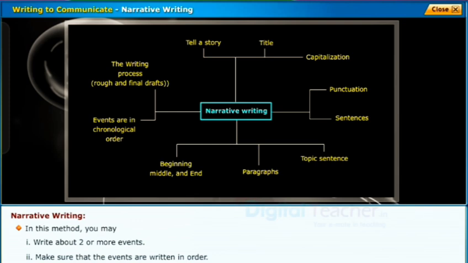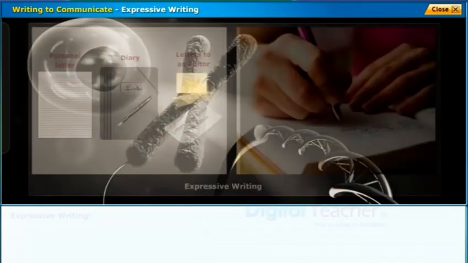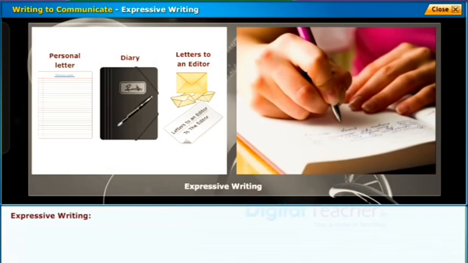Make sure that the events are written in order. Give details about what happened. Use words like beginning, middle, and in the end. Finish the story with a good ending. Expressive writing.